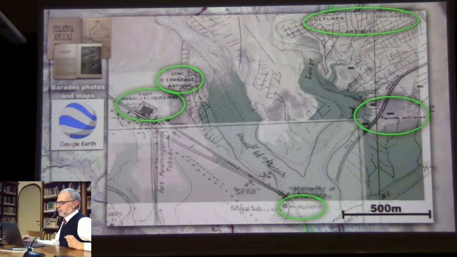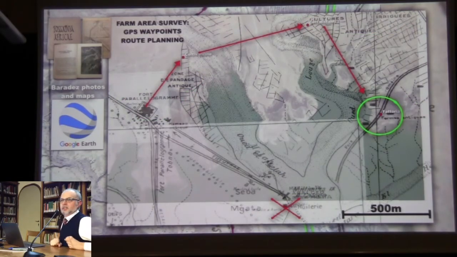So, waypoint exploration. We started from Fort Parallélogramme. I set a first waypoint here to avoid the area of water and also to intercept an area of ancient cultivation. The second waypoint here is a more defined and more visible area of ancient cultivation.